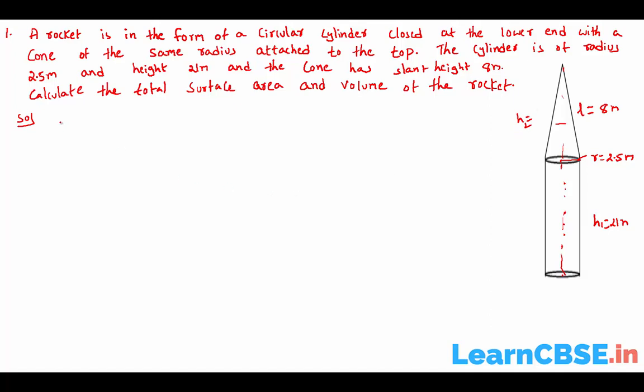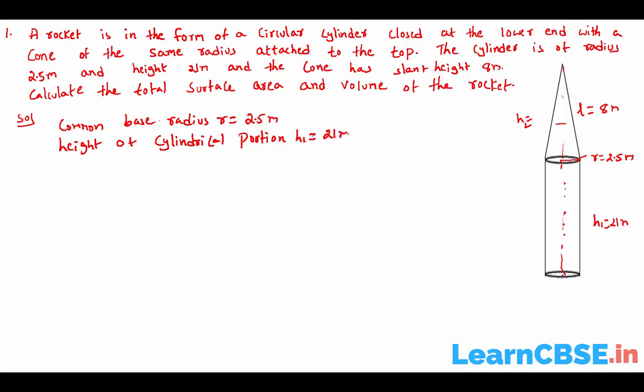Let the common base radius r equal 2.5 meters. Height of the cylindrical portion h1 equals 21 meters.